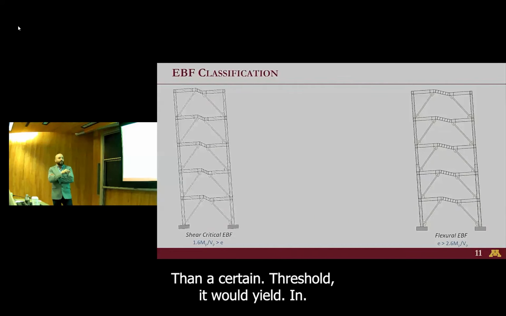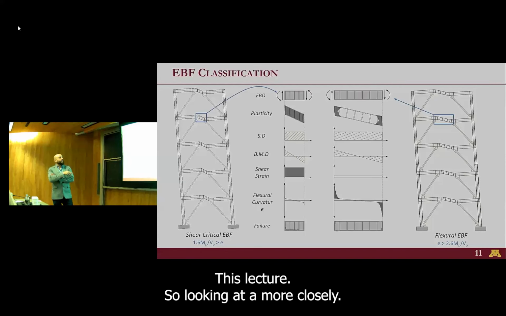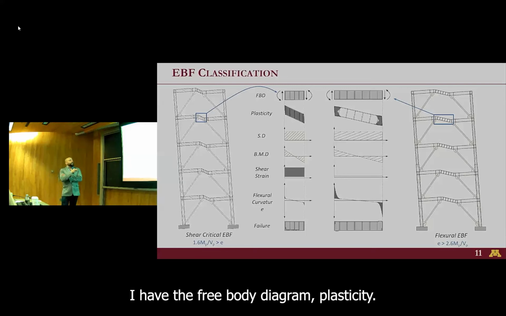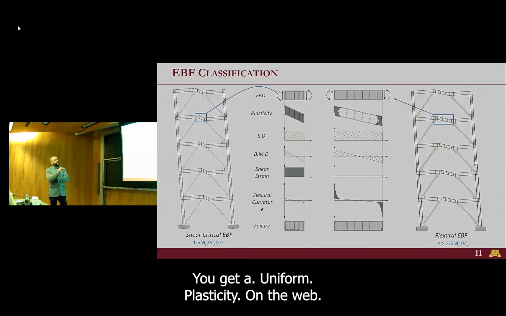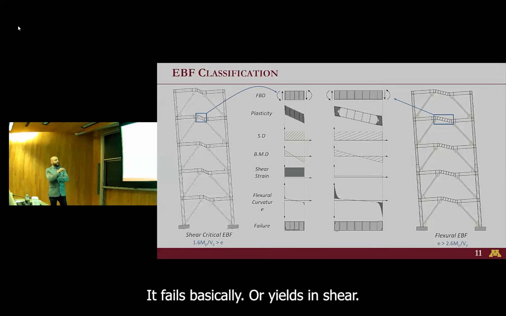If it's longer than a certain threshold, it would yield in flexure. So looking at them more closely, I have the free body diagram, plasticity, different response parameters. What I want you guys to look at is the plasticity. In shear critical links, you get a uniform plasticity on the web. It fails basically or yields in shear, so you get a uniform shear strain.